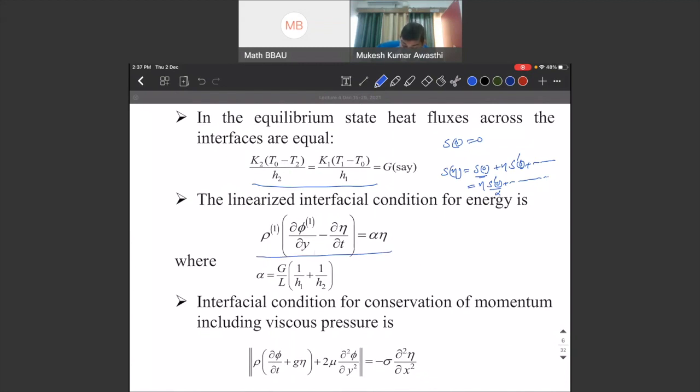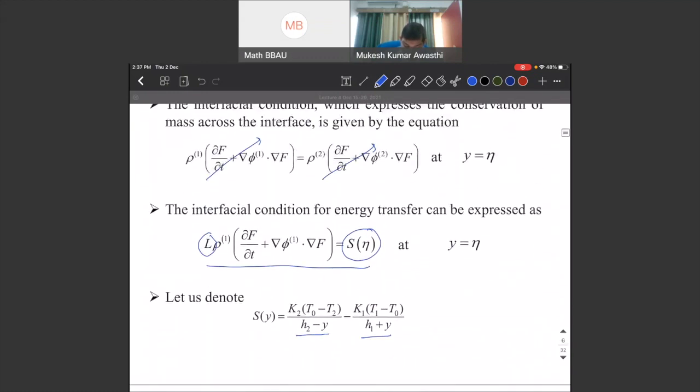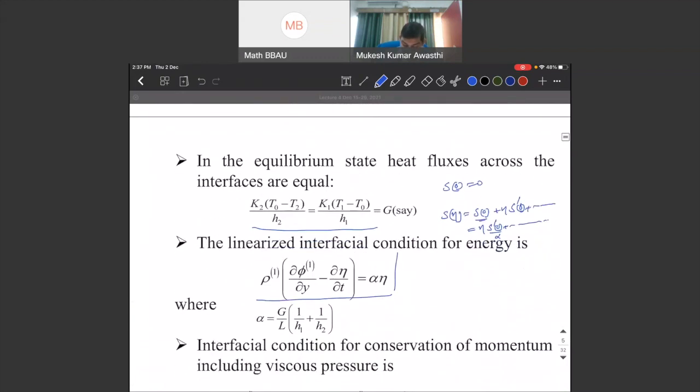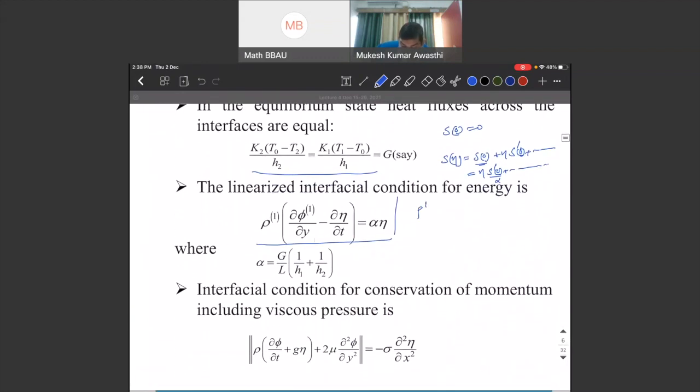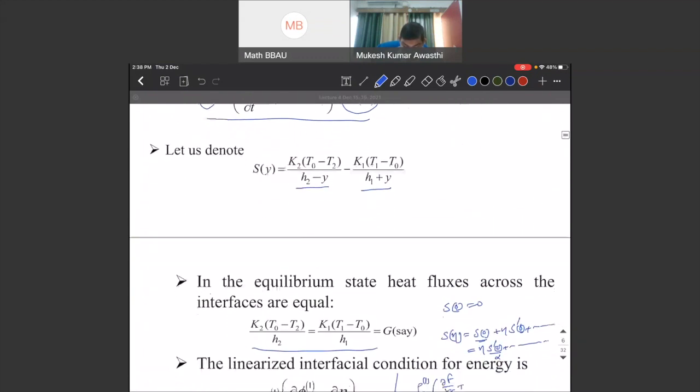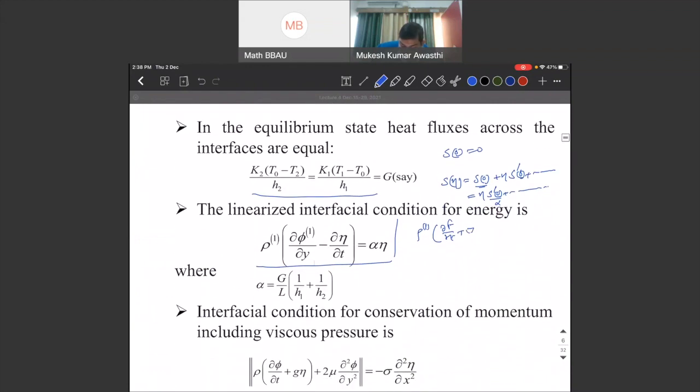And in the case of mass transfer, we can also take the linear condition like this. Remember, this is the equation. So how can we simplify this one? Rho 1 del f by del t plus gradient phi 1 dot gradient f.